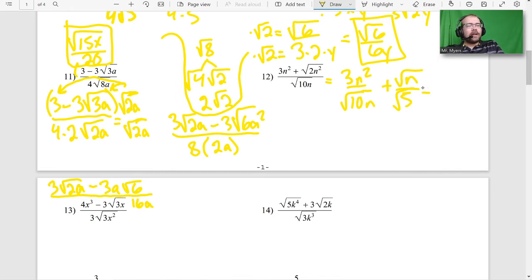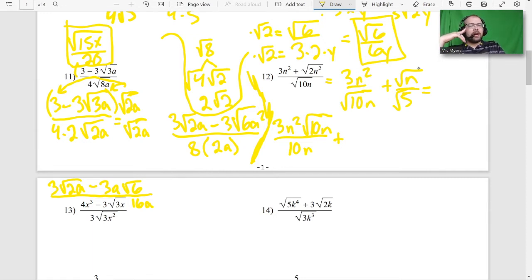Well, if I rationalize the first denominator, and let's do it down here, I would get 3n squared root 10n over 10n. Multiply the top by the square root of 10n, and the bottom by the square root of 10.